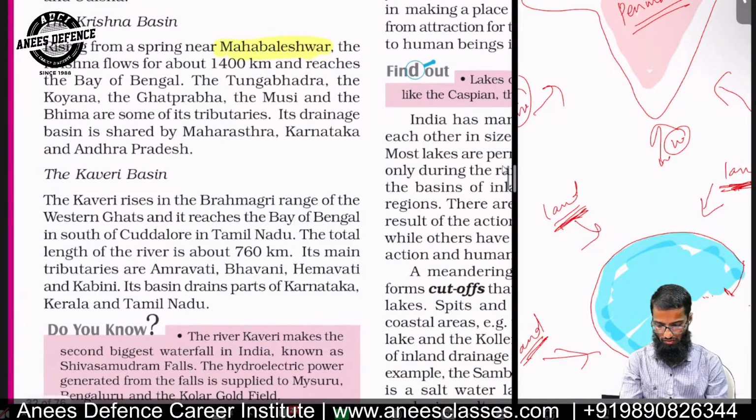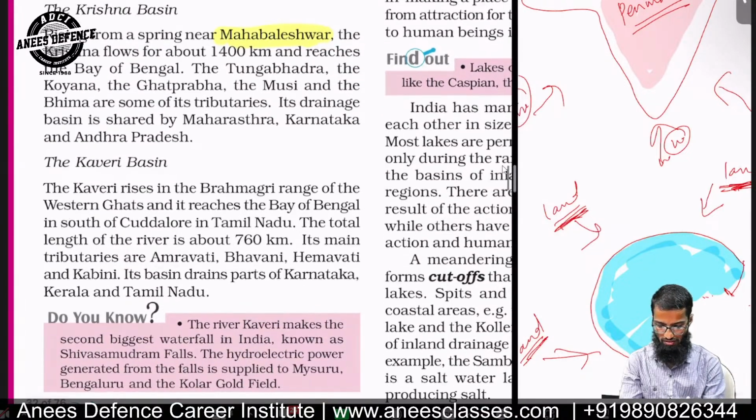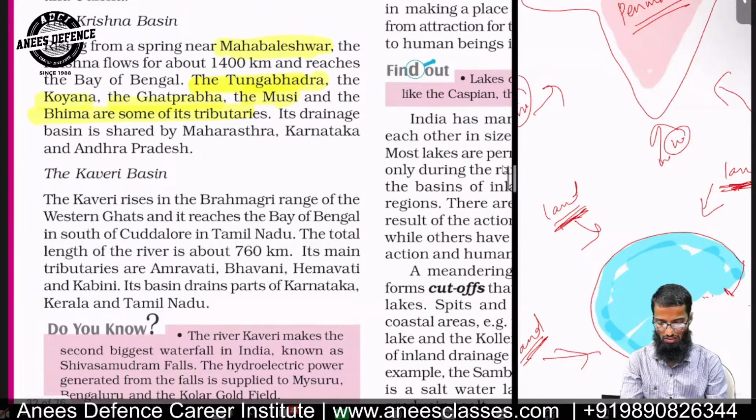So Krishna has the Tungabhadra and the Koyna, Ghataprabha, Musi, and Bhima as some of its tributaries. So Tungabhadra, Koyna, Ghataprabha, Musi, Bhima, these are the tributaries of what? Krishna river.